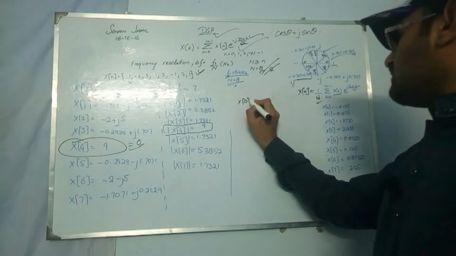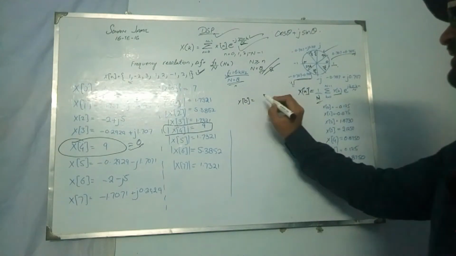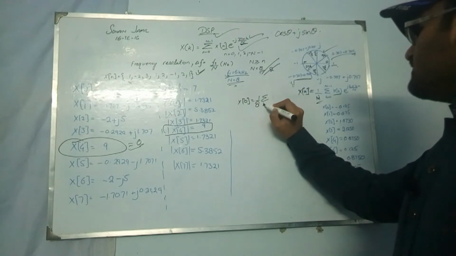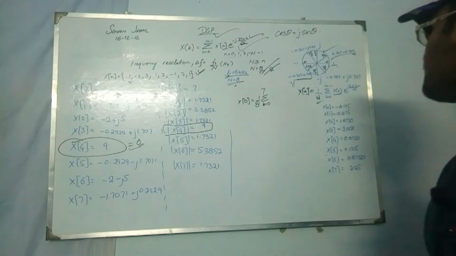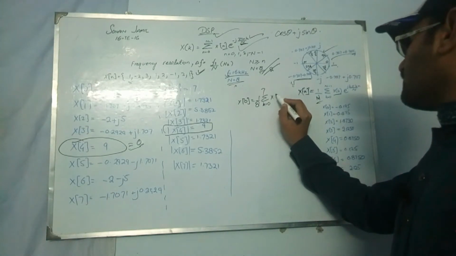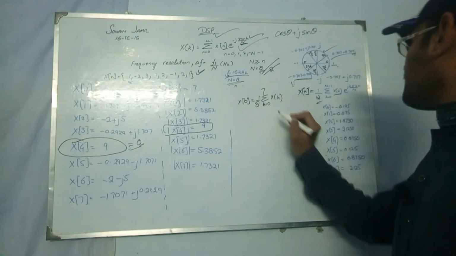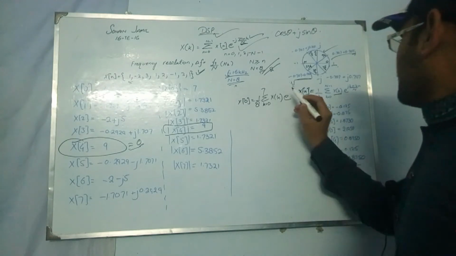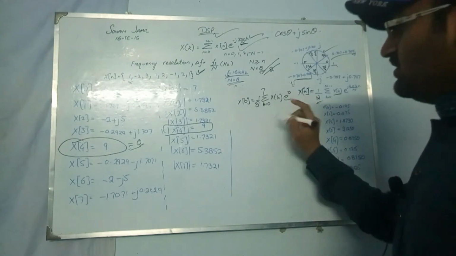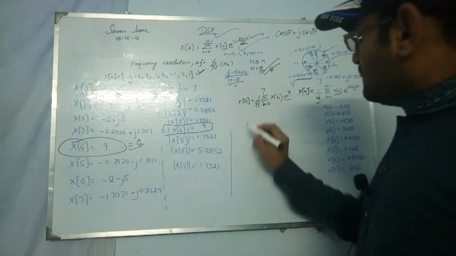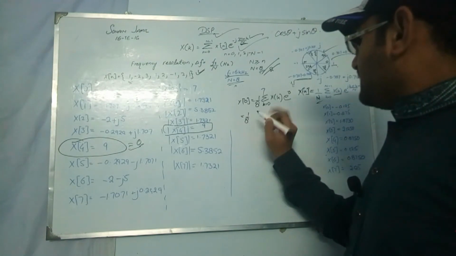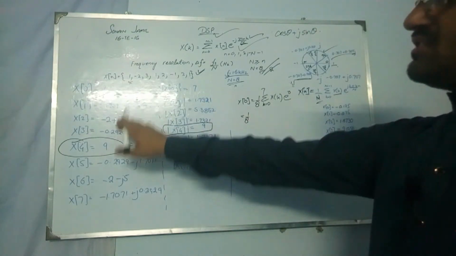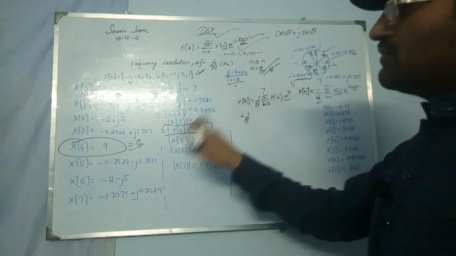So if I want to calculate x of 0, sum over k equal to 0 to 7, x of k times e to the power 0, because n is equal to 0, times 1 over 8, just substitute the values of this and x of k.